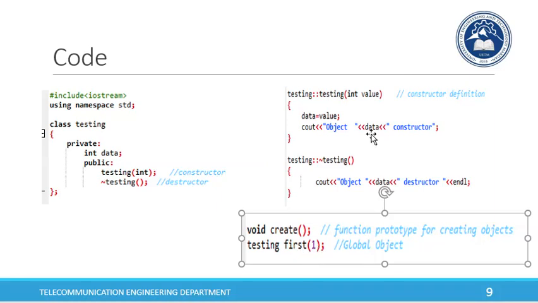So this one will appear here instead of this data when it is printing. So first this will print and then the destructor statement will be printed when this object is created.